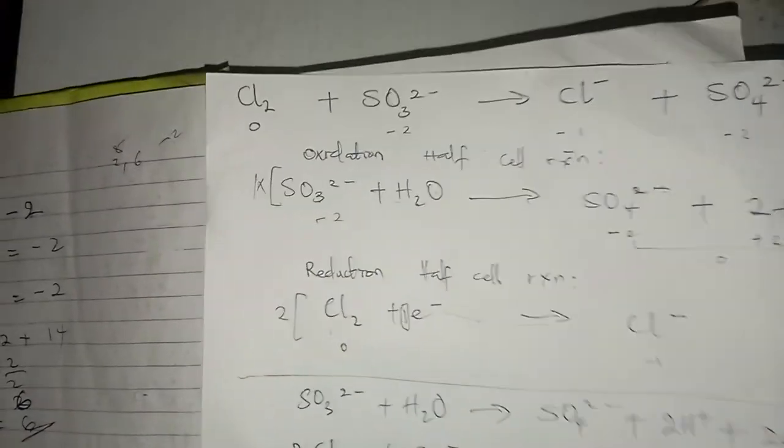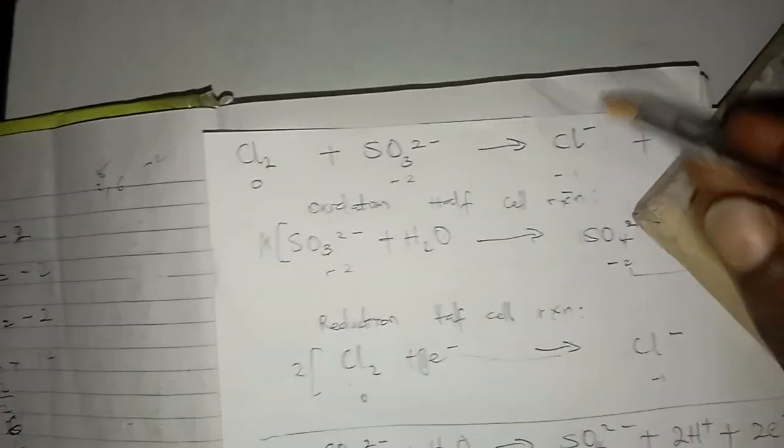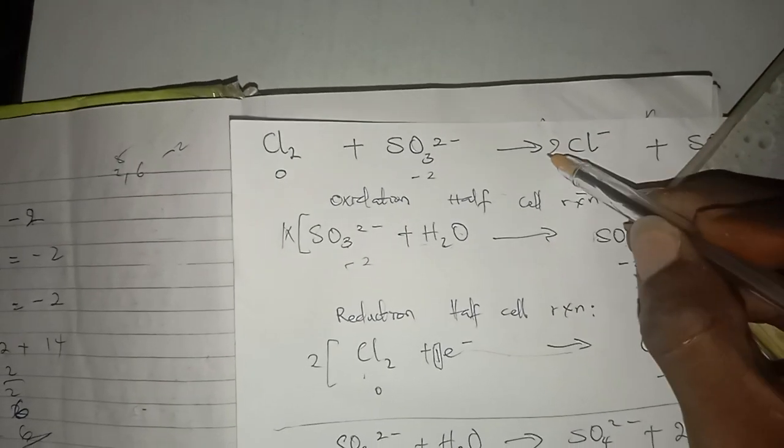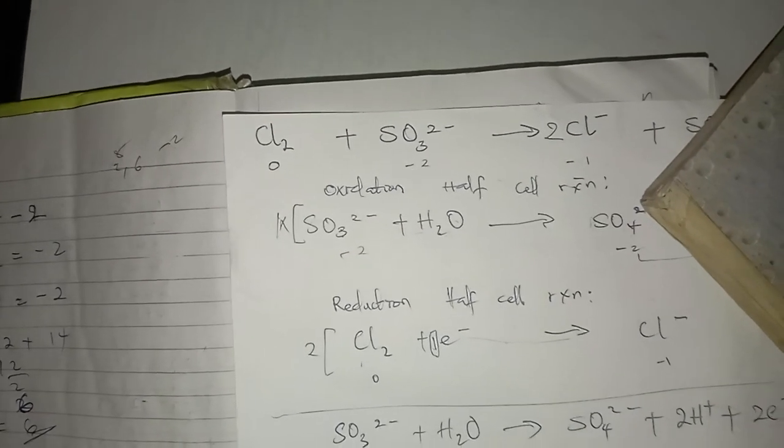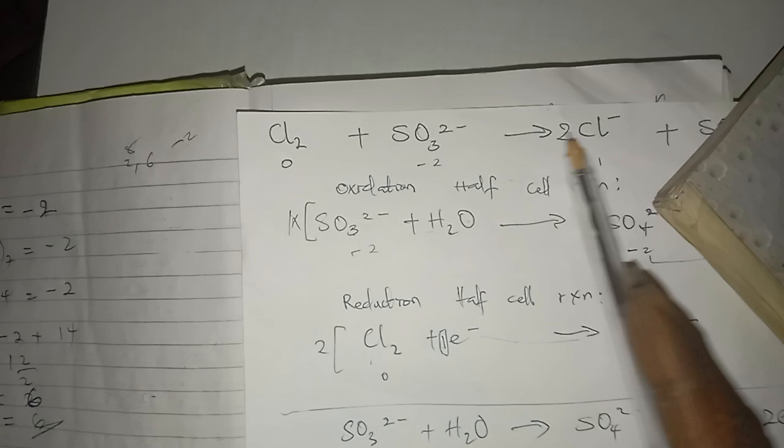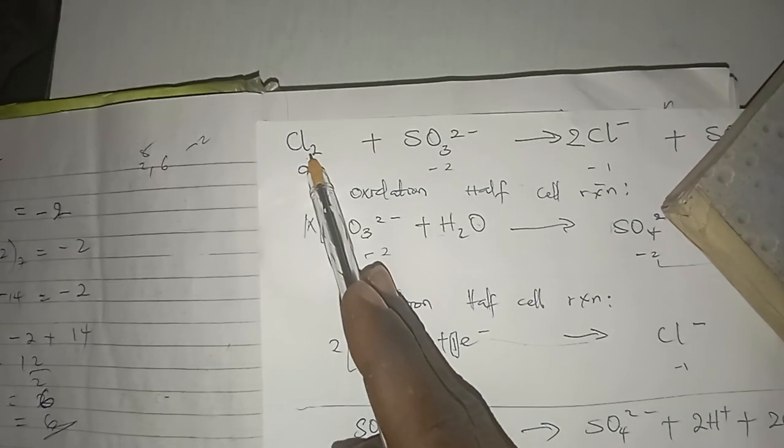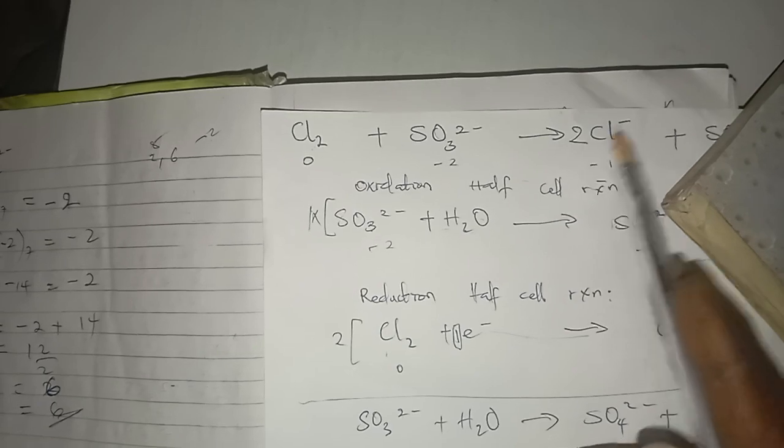See where we started our issue: first of all, this is Cl2. When we made this Cl minus, it's supposed to be 2Cl minus. If you have chlorine gas and it dissociates to give the ion, it is going to be 2Cl minus.